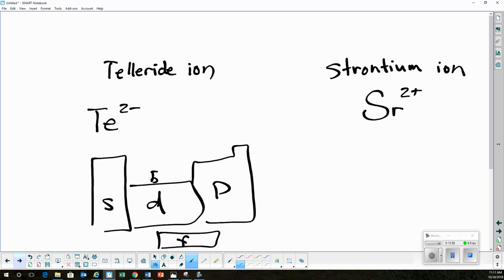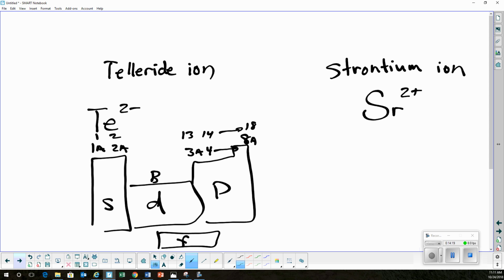This is known as the B group. These are the A group. So this is 1A, 2A, 3A, 4A, all the way to 8A. Our table has it 1, 2, and then when you get here it's 13, 14 to 18. So all you have to just remember is the outermost S and P. Those are your A groups.